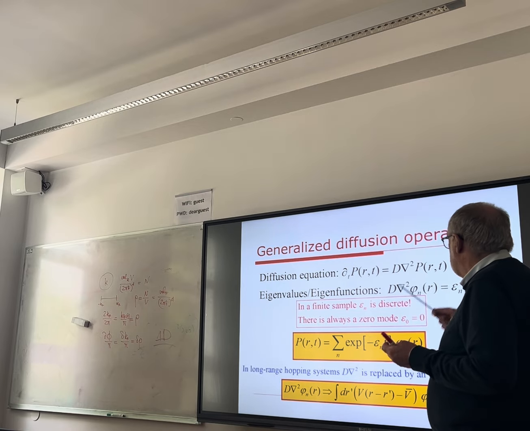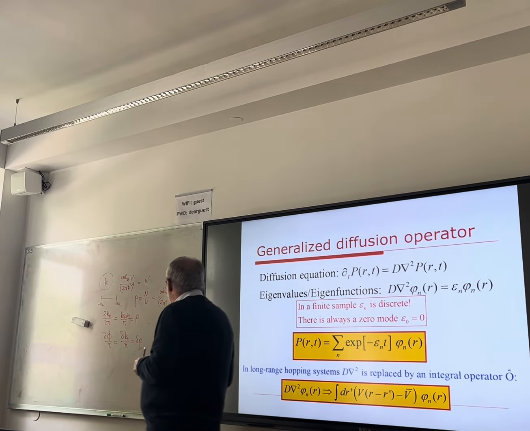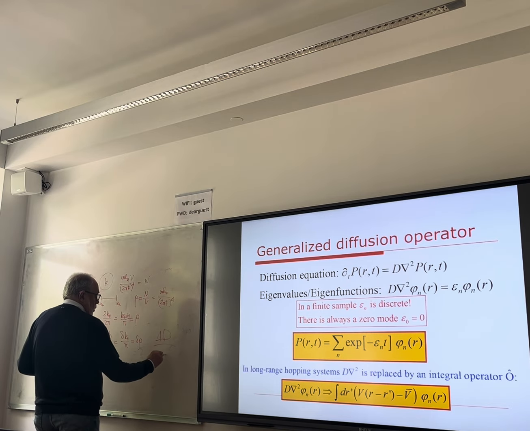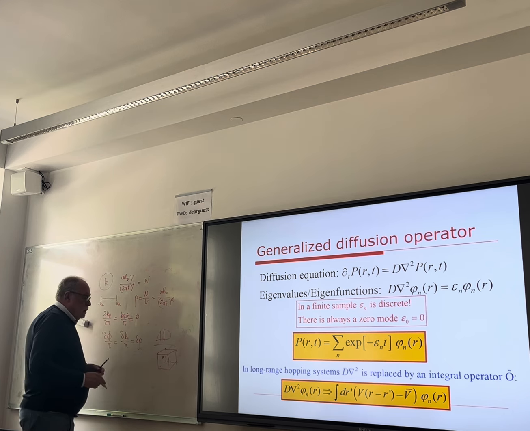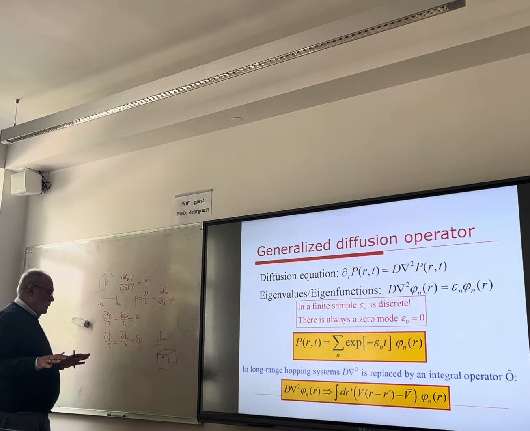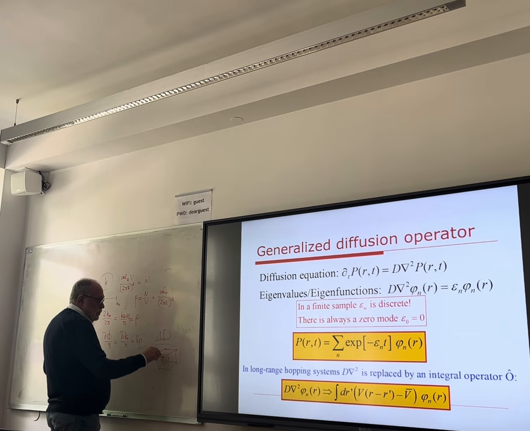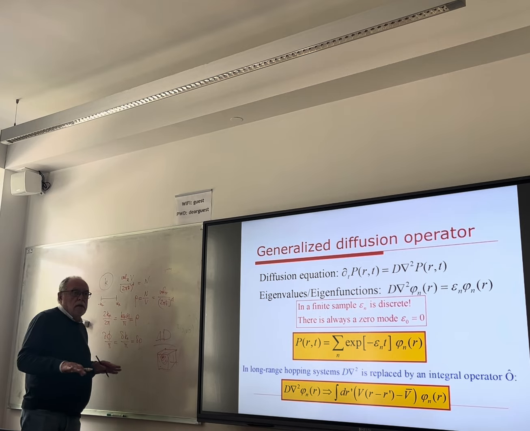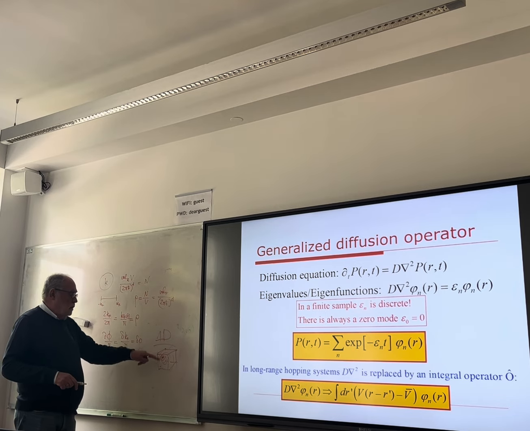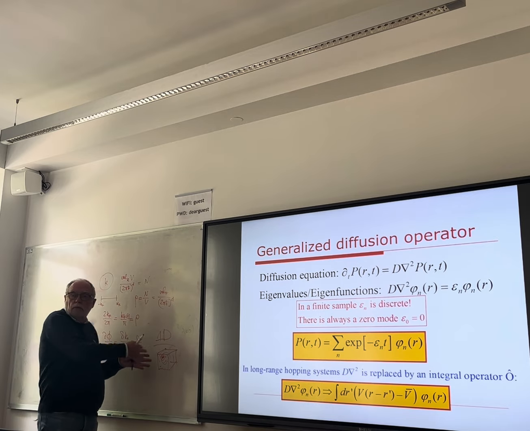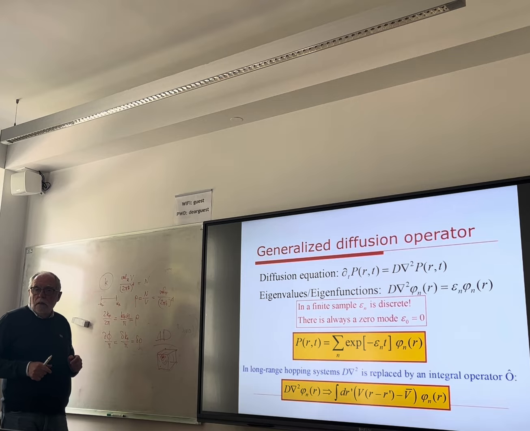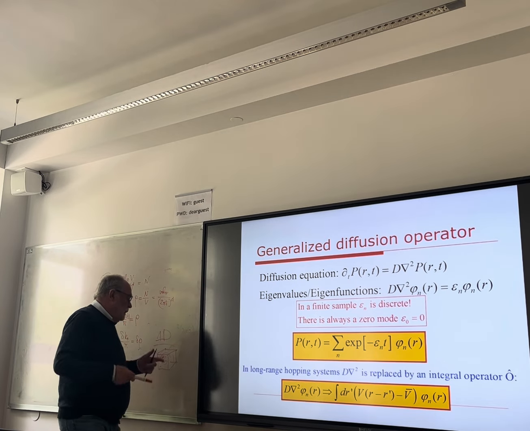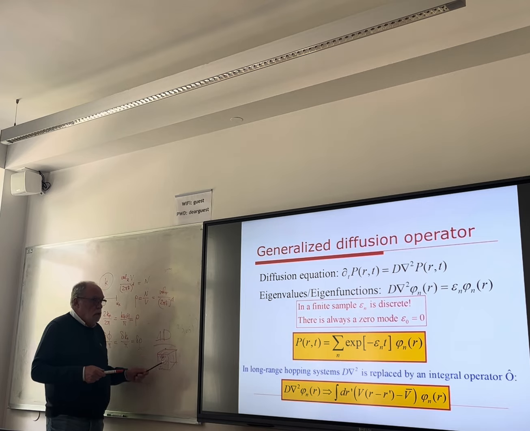So you have now a set of eigenvalues. If you have, let's say, some box and you insert the particle here, purely classical, what this particle does, it spreads, and eventually the probability to find it at any point will be the same, because it is reflected from the boundaries, and there is an eigenfunction which is a constant.